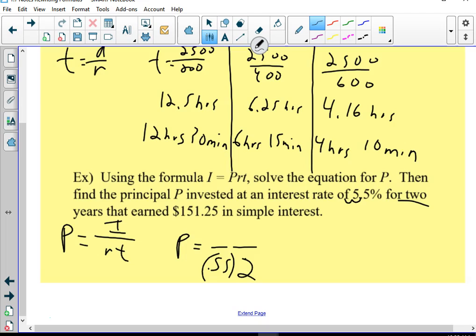Two years. And what's the interest? $151.25. Type that in your calculator. Make sure you put 151.25 divided by parentheses 0.55 times 2. What do you get?